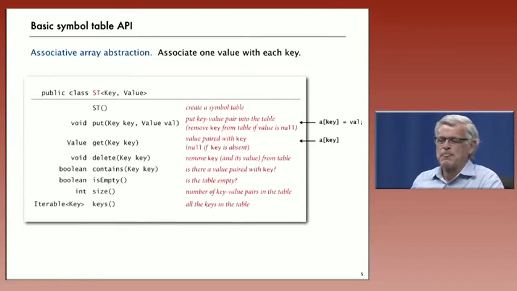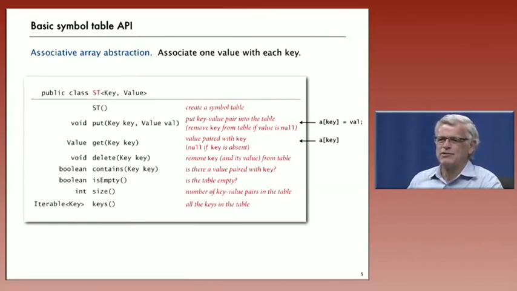So the way that it's convenient to set up a symbol table is to implement the so-called associative array abstraction. And the idea behind that is to think about just associating one value with each key. Well, it's like in a Java array of integers, say.